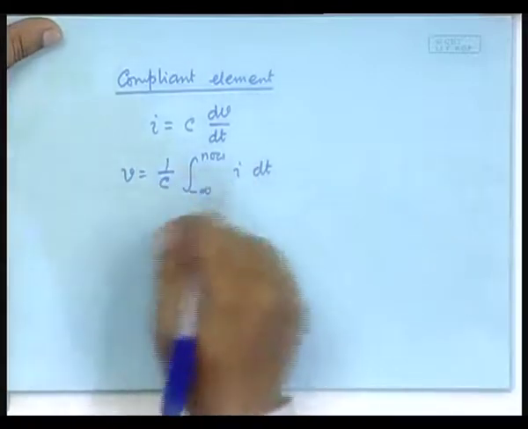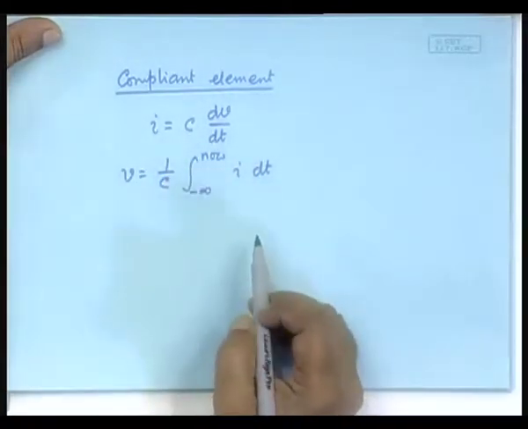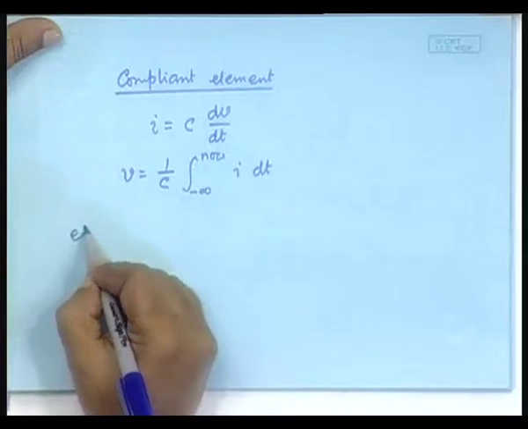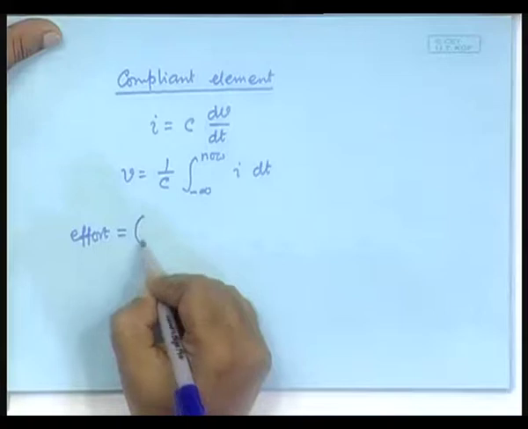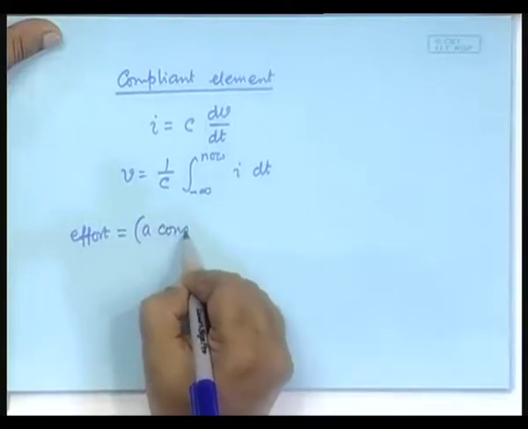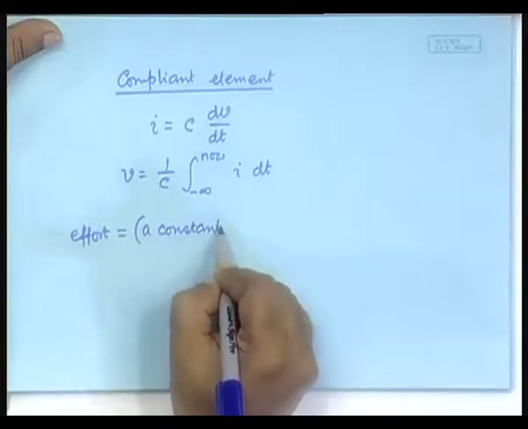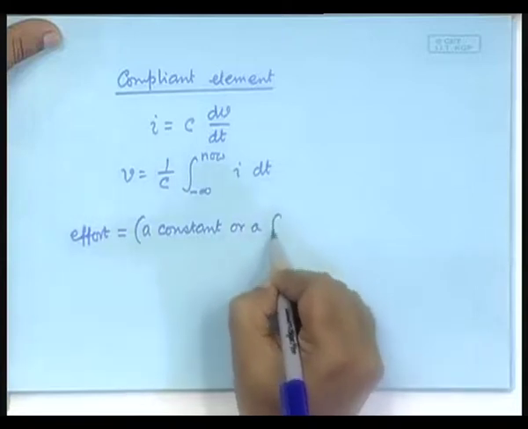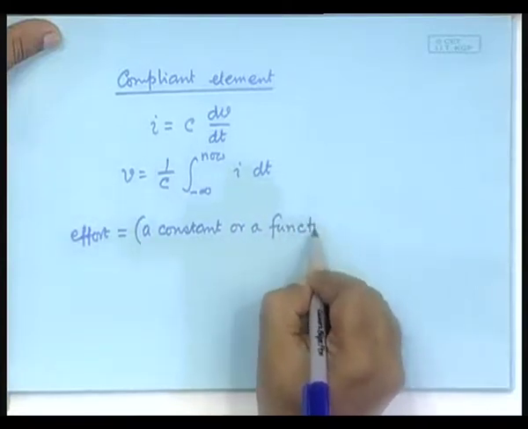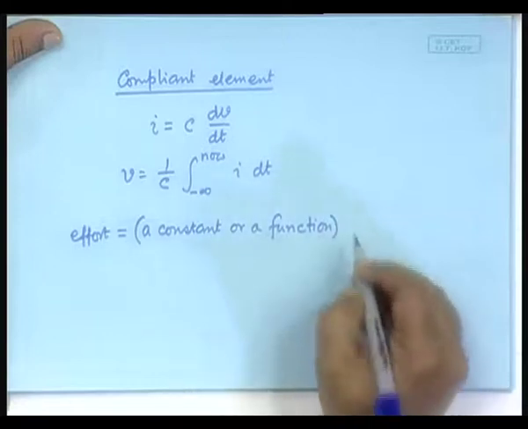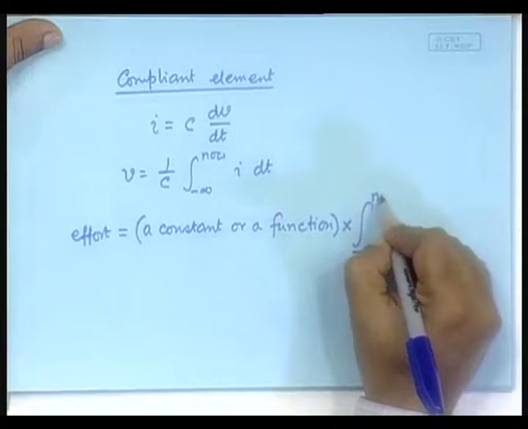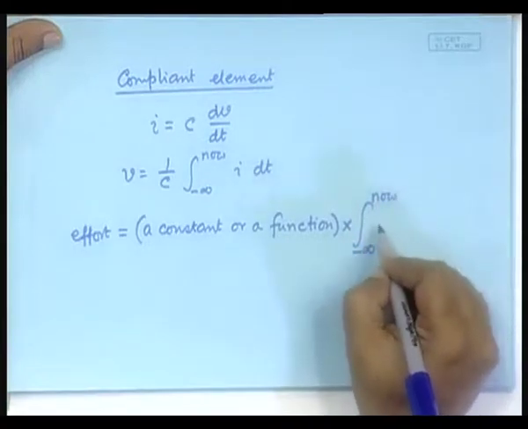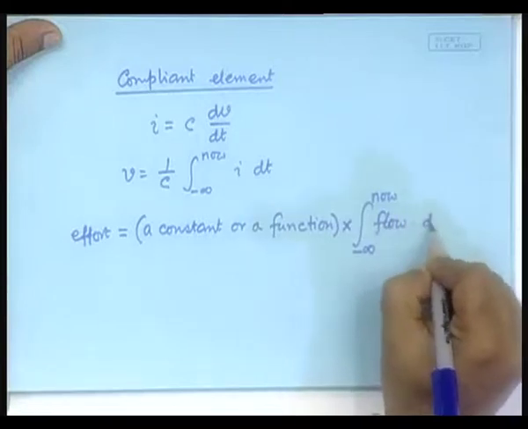And if we write it in a general term, then we would write the effort is equal to a constant or a function times the integral from minus infinity to now of flow dt.